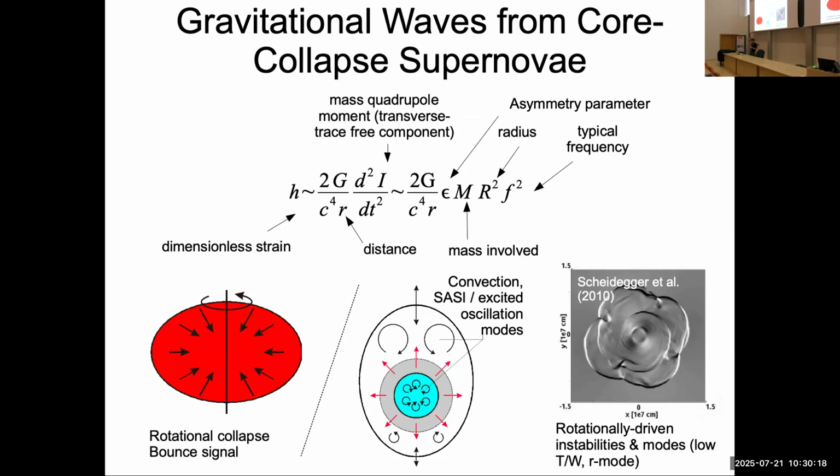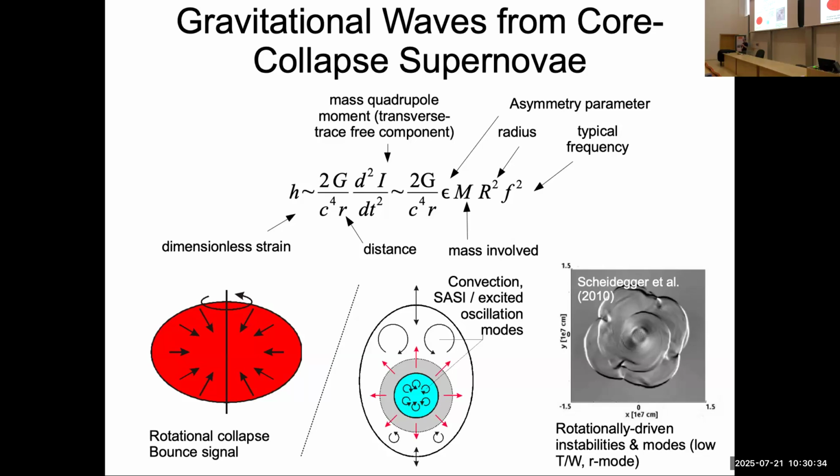Then when you have this thing collapse and rebound, already the bounce will create gravitational waves. That's the oldest feature of the gravitational wave emission, the rotational bounce signal.